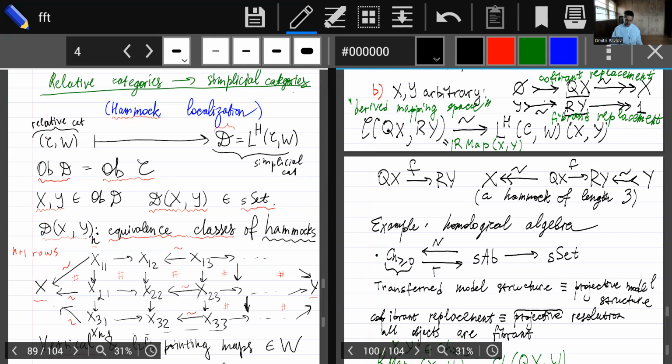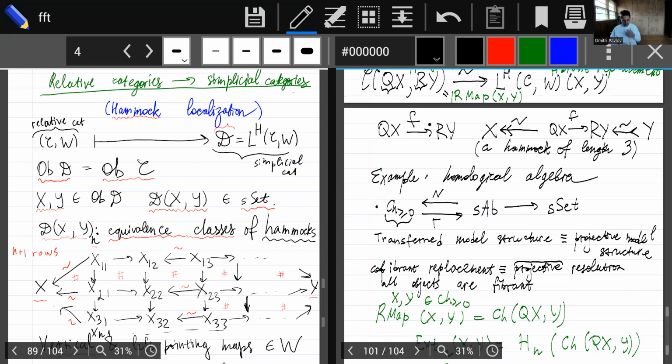So derived refers to the fact that you are taking the cofibrant replacement here and the fibrant replacement here. So the derived mapping space is just something weakly equivalent to the mapping space in the hammock localization.